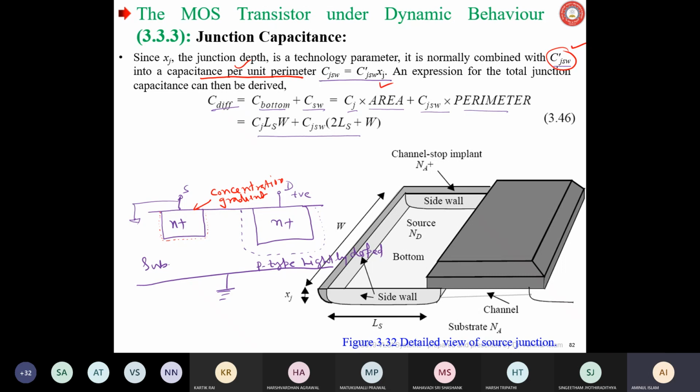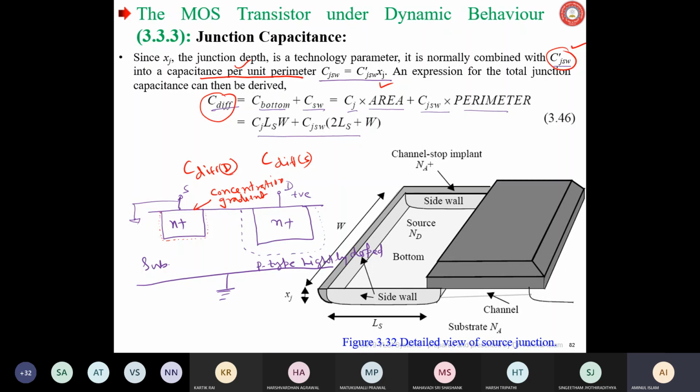An expression for the total junction capacitance can be expressed as this: C diffusion. We can say C diffusion for drain or C diffusion for source side.